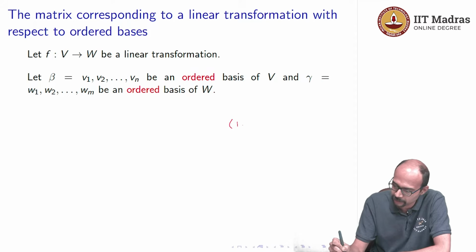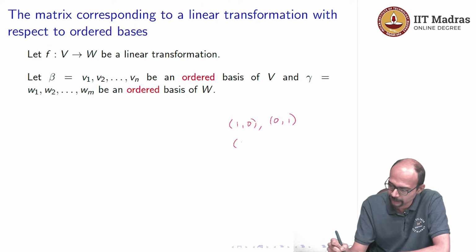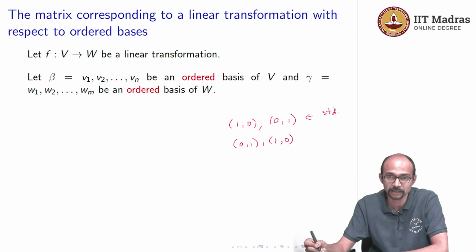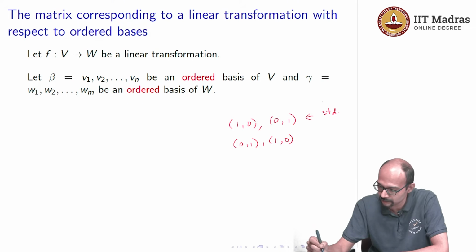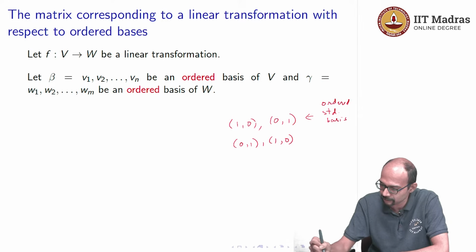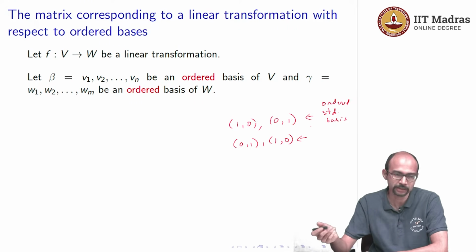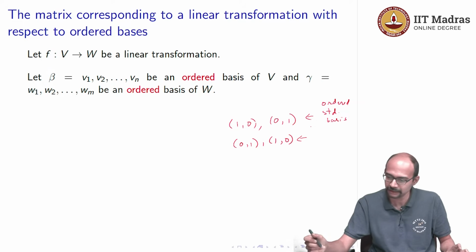So, I want to distinguish between the basis 1 0, 0 1 and 0 1, 1 0. This is the ordered standard basis, and this is not the ordered standard basis. This is a different ordering for the standard basis. So, as ordered bases they are different.